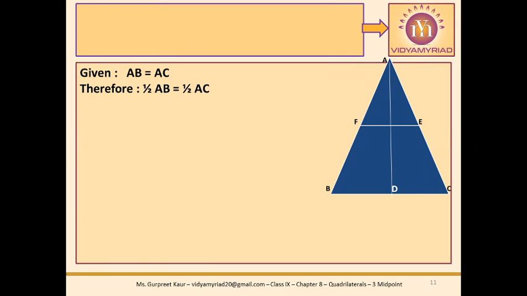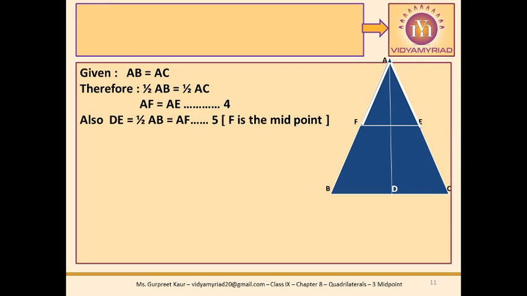Now as we know that AB is equal to AC, so definitely half of AB will also be equal to half of AC. So what will happen? AF is also equal to AE. Let it be equation number 4. Now if you consider DE as the line, DE was half of AB.